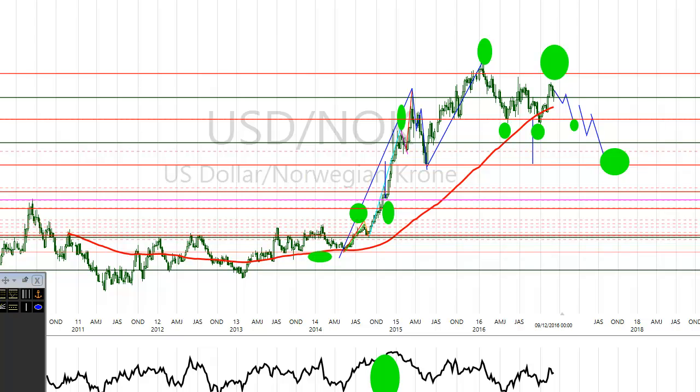So we will say the trend phase of a minor degree is an impulse wave of a higher degree. The corrective phase of a minor degree is a corrective wave of a higher degree. The Elliott wave cycle of a lower time frame is a mini cycle of a higher degree.